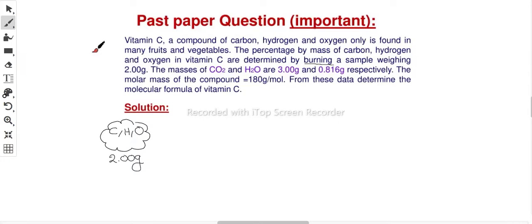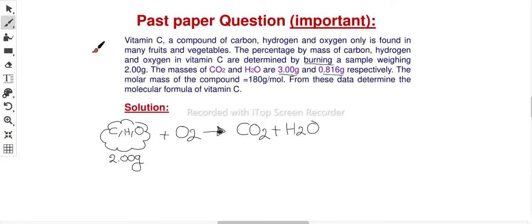And when the question is telling me that it has been burned, so it reacted with the oxygen, the products, of course, from burning or from combustion chemical reaction, are carbon dioxide and water vapor. The masses of both carbon dioxide and water are given respectively inside the question.